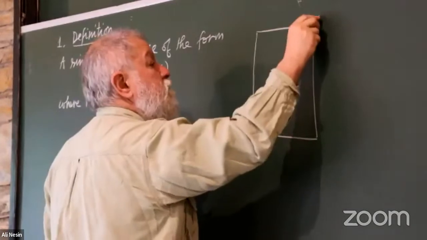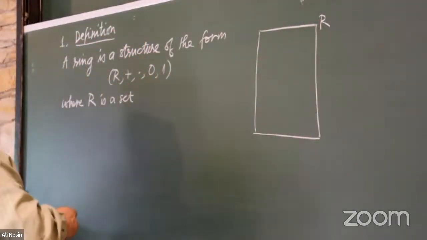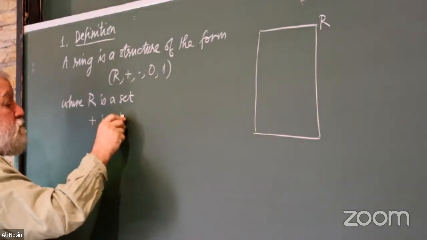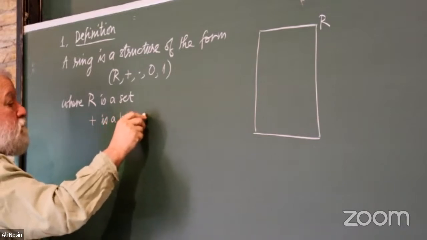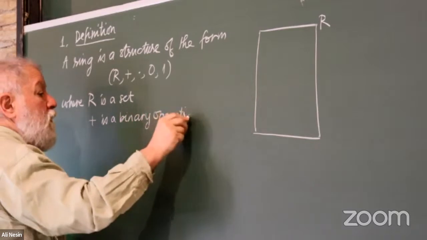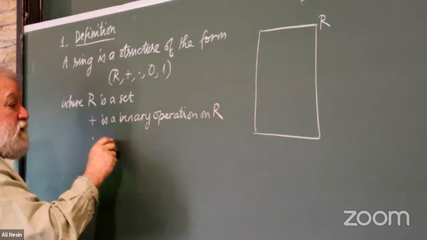Plus is a binary operation on R. Times also is a binary operation on R.